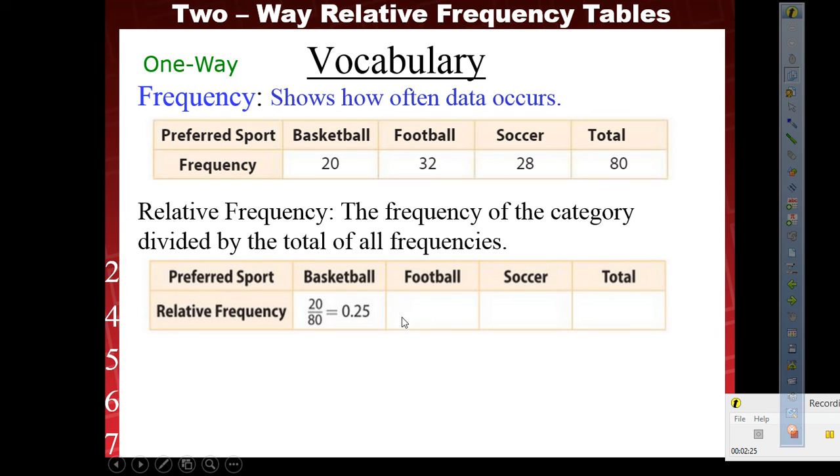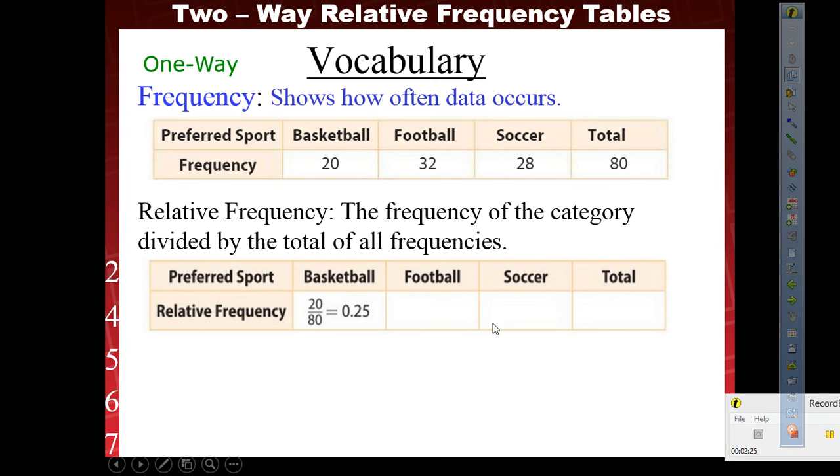Okay, and then from there you would reduce and you would get what? 8 over 10, 4 over 5. 4 over 5, you said? Okay, so let's start with 32 over 80 and then reduce, right?